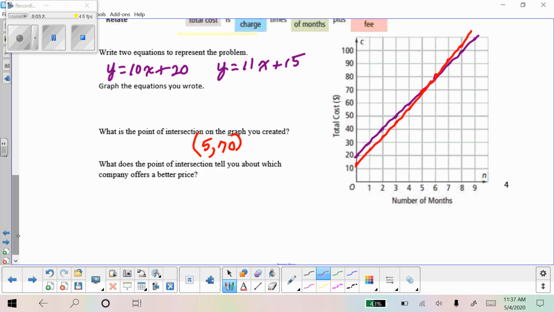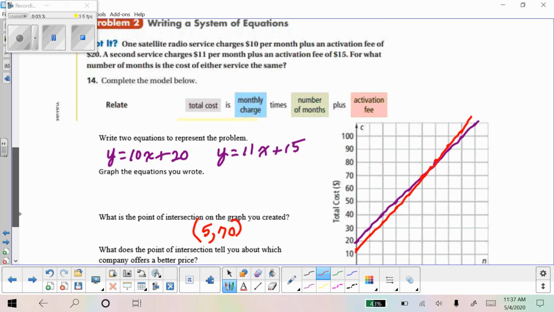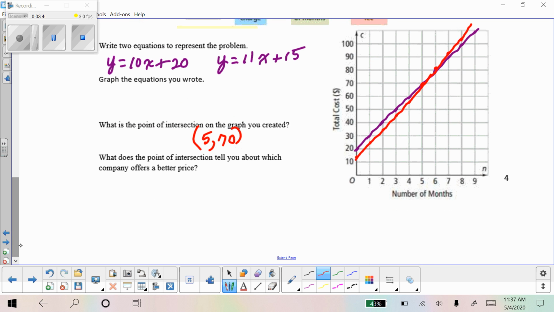So if you wrote your equations right and you graphed them right, you should see that they cross at the point (5, 70). Now what that tells you is if you are charged for 5 months, you're going to pay exactly the same $70 for both of them.